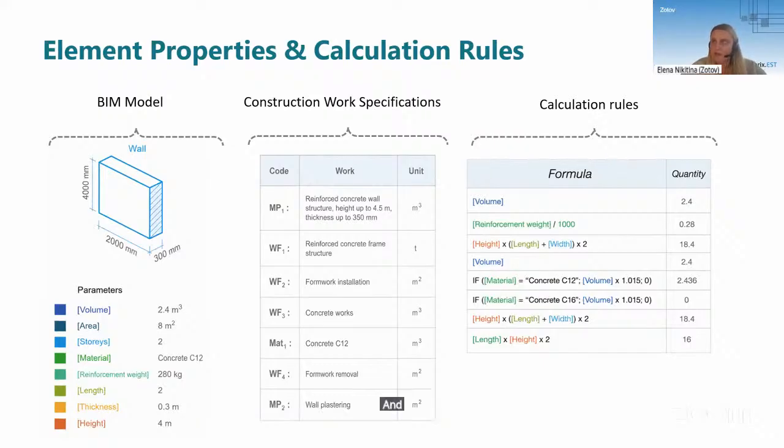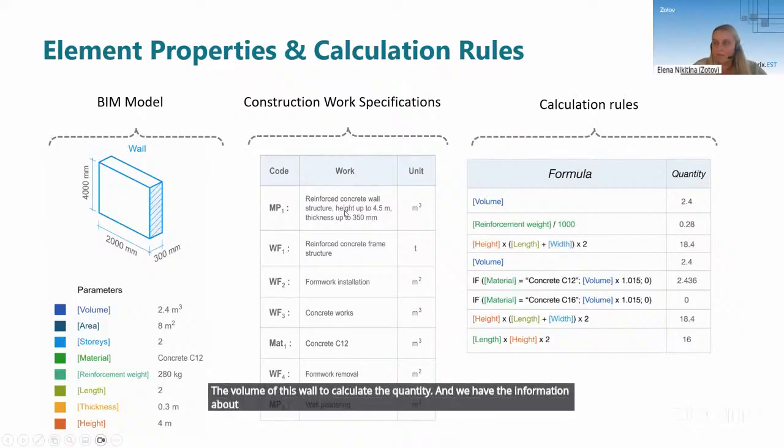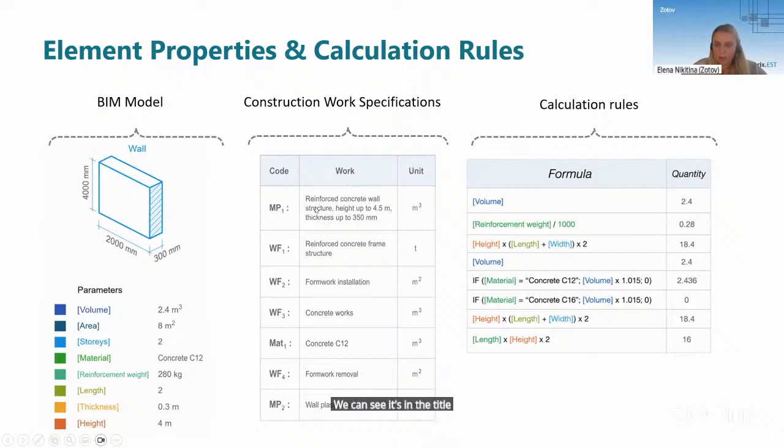If we speak about a concrete wall, now we need the volume of this wall to calculate the quantity, and we have the information about height and thickness of this wall, so we need to have this information in the BIM model, because we can see it's in the title of our work, so it's necessary information for us.